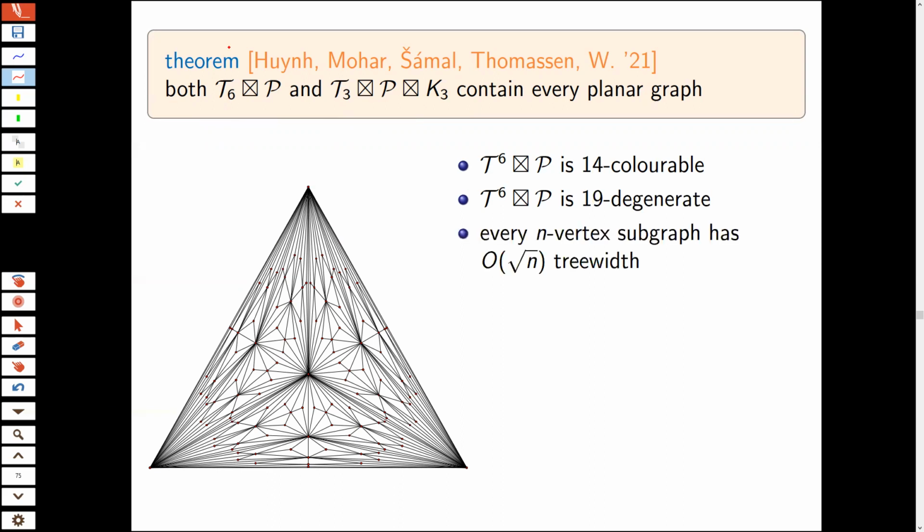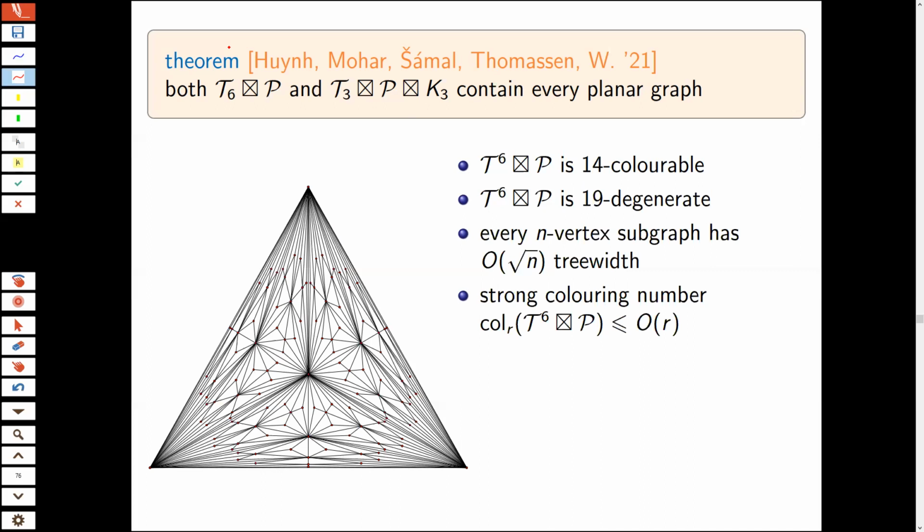You can also check that every n-vertex subgraph has treewidth of order root n, which implies you have a balanced separator of size root n, which means that the finite subgraphs of this T_6 times P satisfy Lipton-Tarjan's theorem, which is a strong property. We have something called strong coloring numbers bounded.